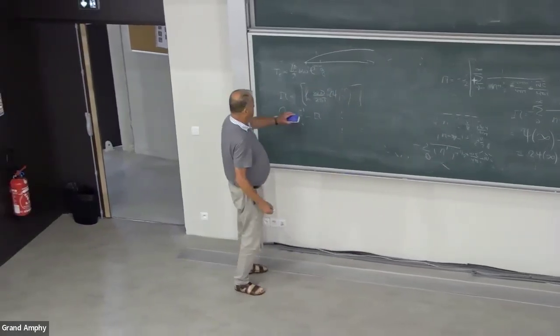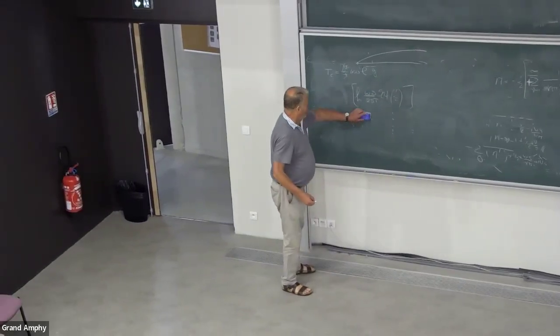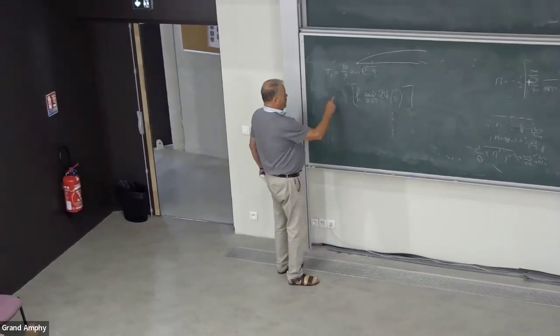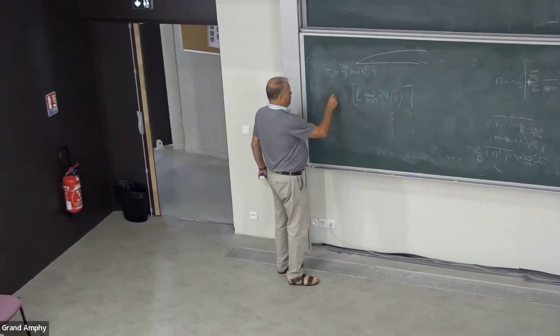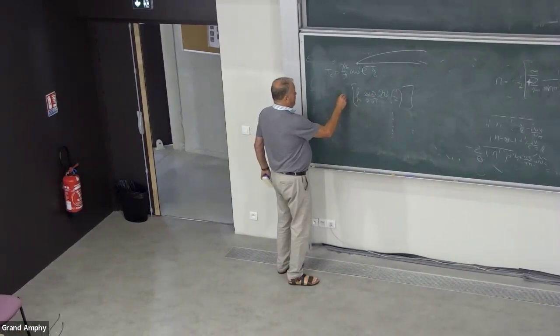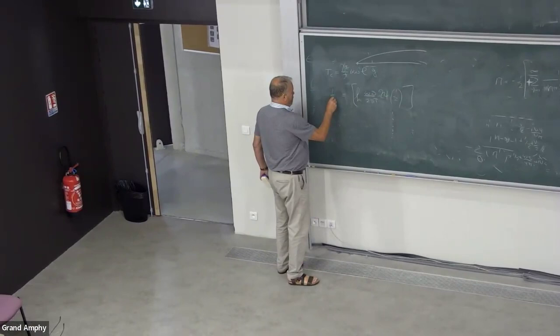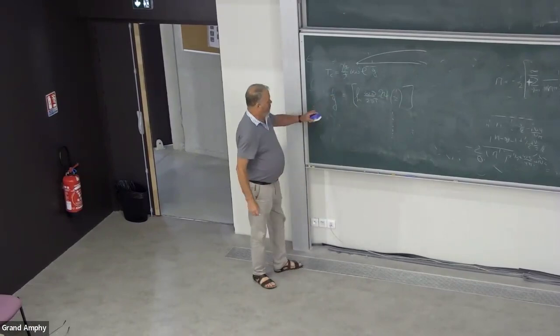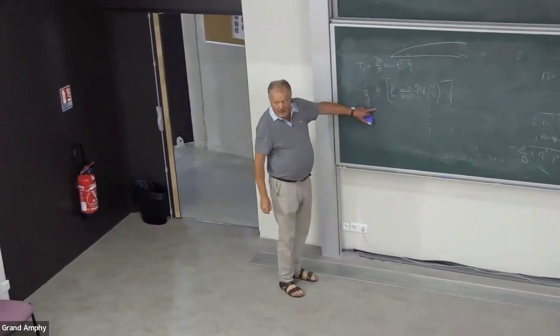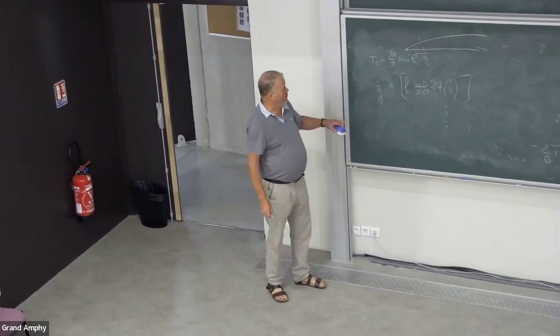And I will have this equality. So this must be 1 over G. Is it okay?